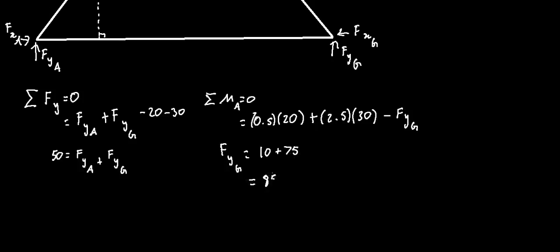Now we can plug it back into this equation, or we can independently solve for the moments around point G. We can do the same thing, but it's easier just plugging it back in.